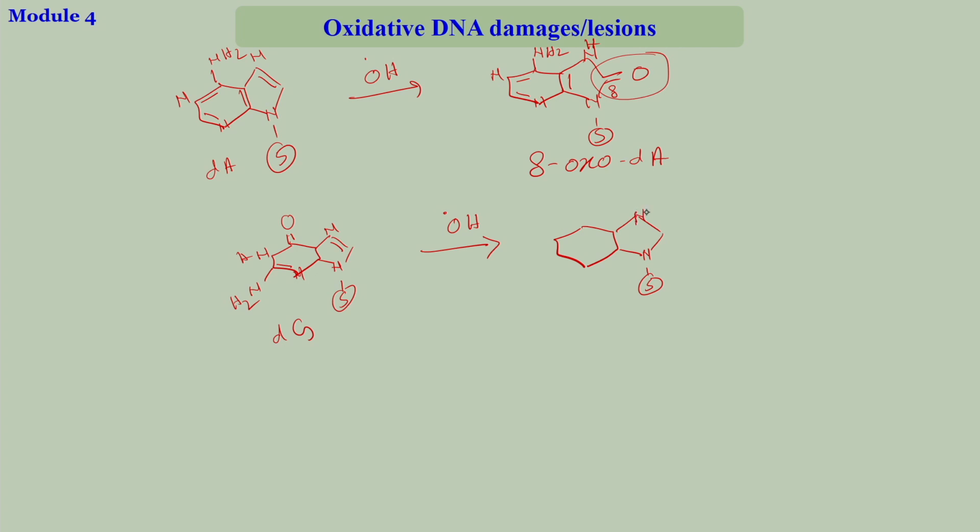So, if this is cleaved homolytically, this is a radical which will react basically, and this is an electron deficient center. So, you will probably have, this is the most susceptible carbon.